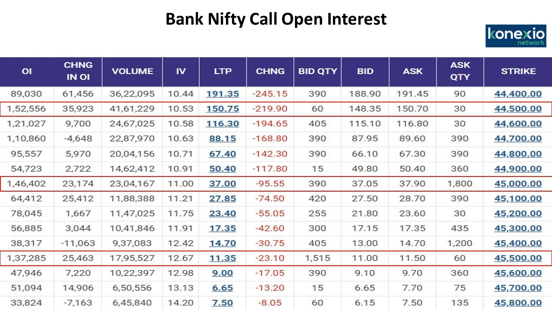If that is taken out, then we might see a sharp short covering rally towards the level of 45,000 to 45,200 or 300 almost. So definitely data seems to be slightly weak, but implied volatility is already into some danger zone, and further sell off or further weakness will bring in short covering at the lower levels.